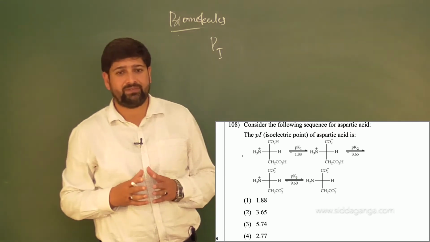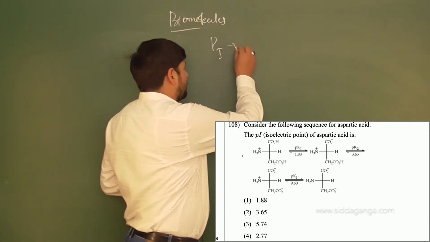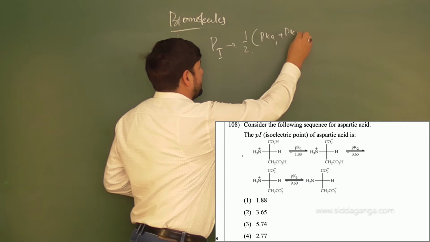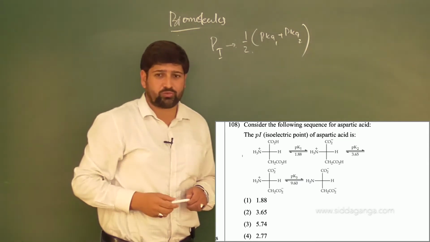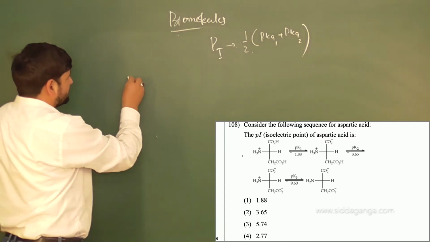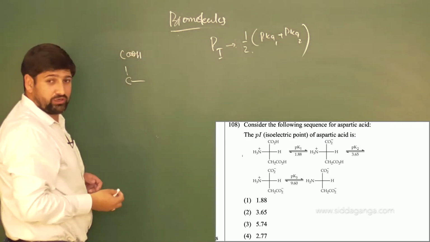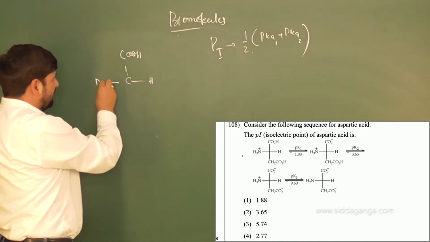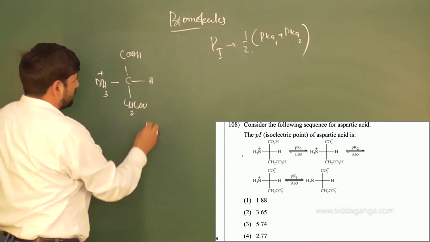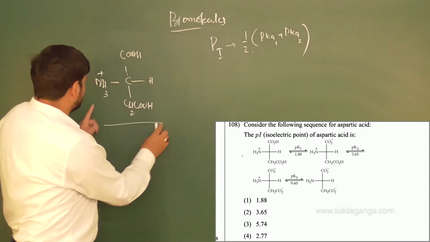It is the pH at which there is no net mobility of the amino acid because the net charge is 0, which is equal to half of pKa1 plus pKa2. Now according to this question, we will have 3 pKa values. Looking at the molecule, we have C, then CO2H, then H, then NH3 plus, then CH2COOH here.